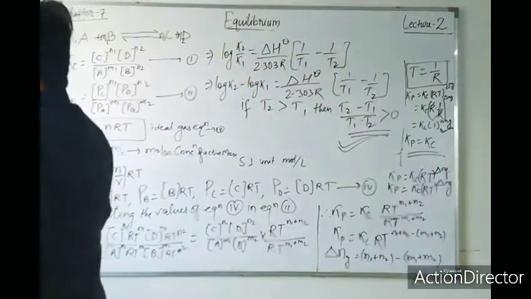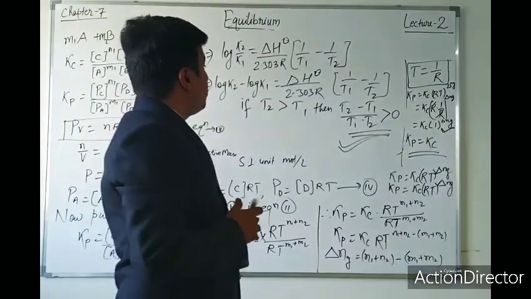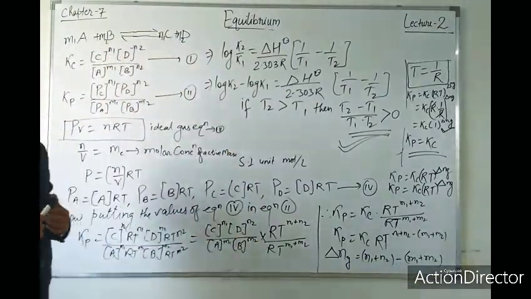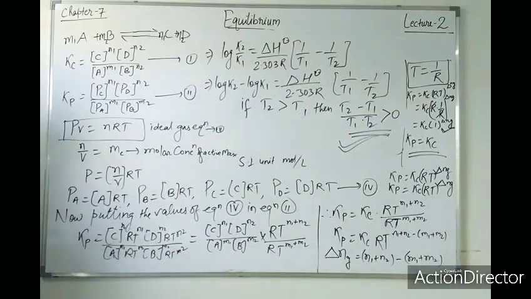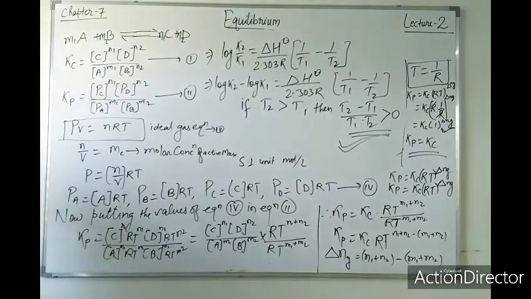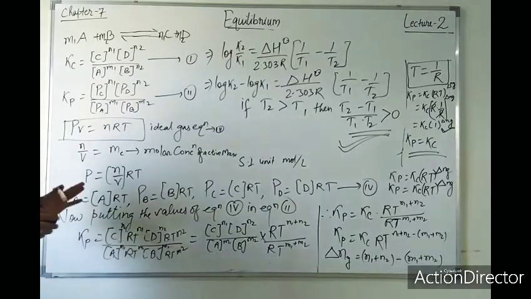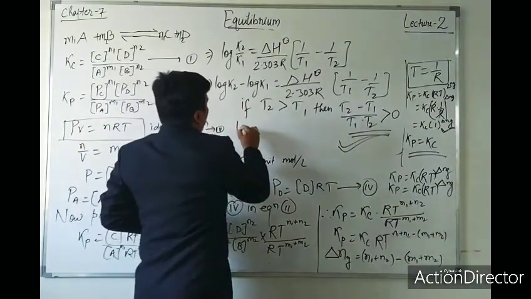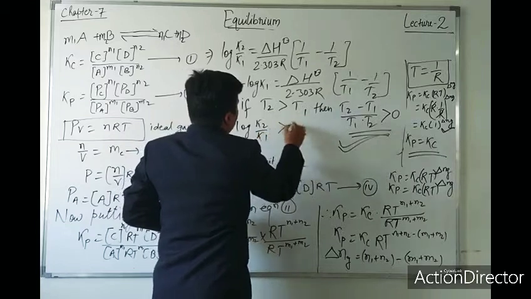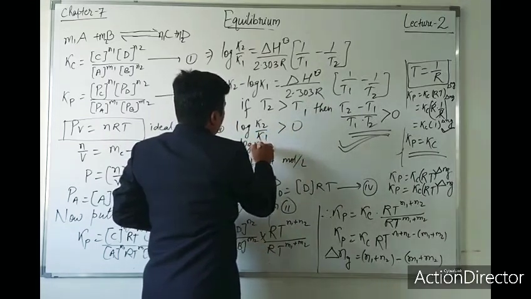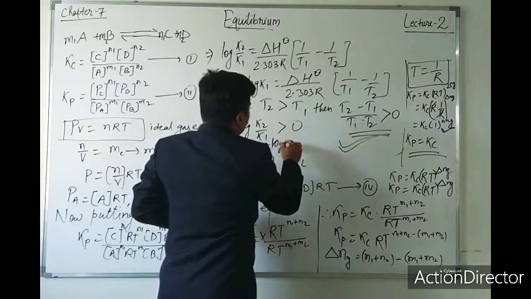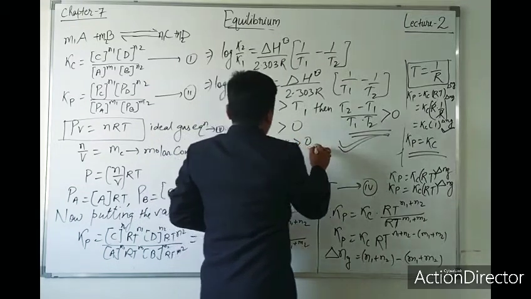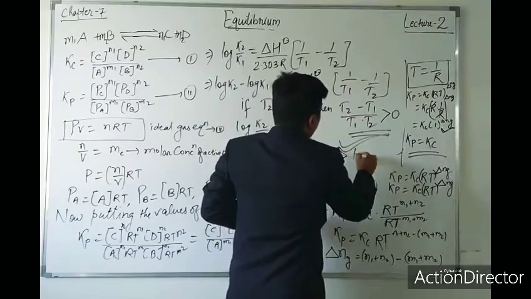I hope you remember from the previous class that in an endothermic reaction the enthalpy change is positive, and in an exothermic reaction it is negative. So if delta H is positive, it is greater than 0, so log K2 upon K1 is greater than 0, or log K2 minus log K1 is greater than 0. So log K2 is greater than log K1.